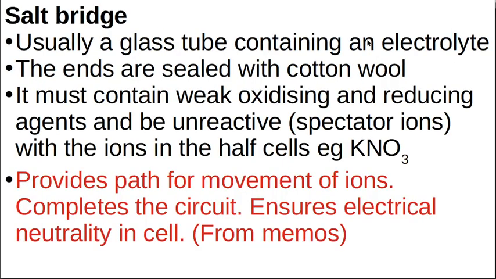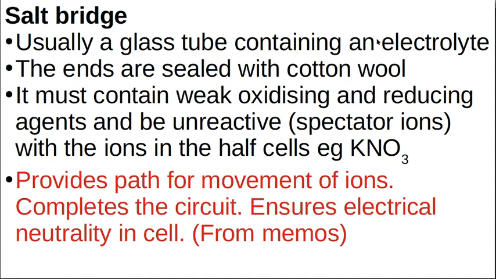Let's talk a little bit about the salt bridge. It's usually a glass tube, although last year I made one out of a folded piece of filter paper that had been soaked because I couldn't find a proper salt bridge for sale. You can use anything that will allow ions to move, so I used a piece of paper soaked in salt solution.